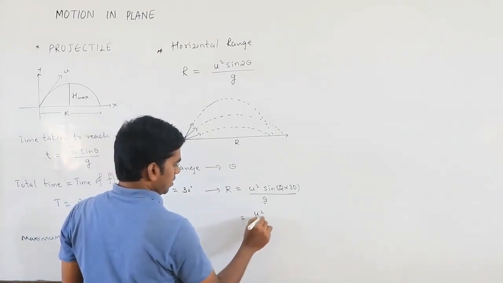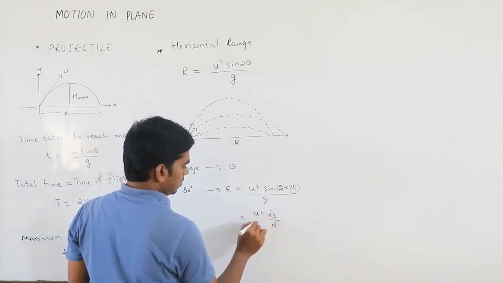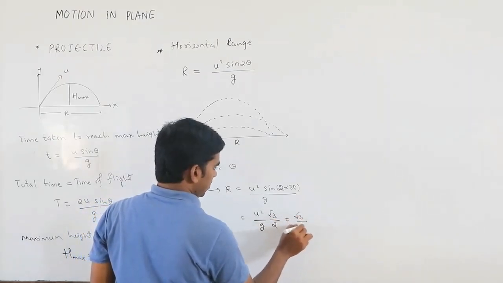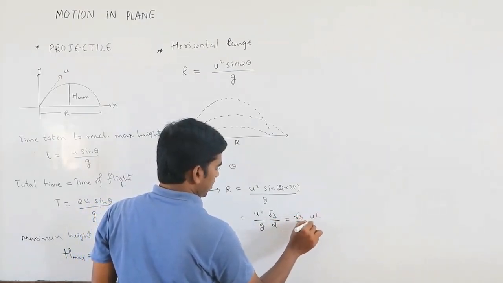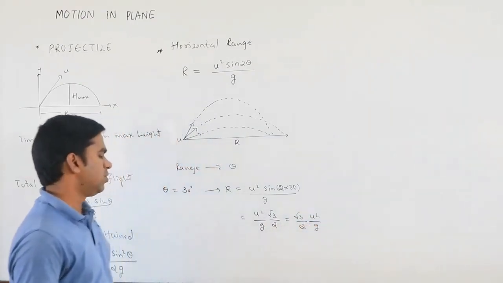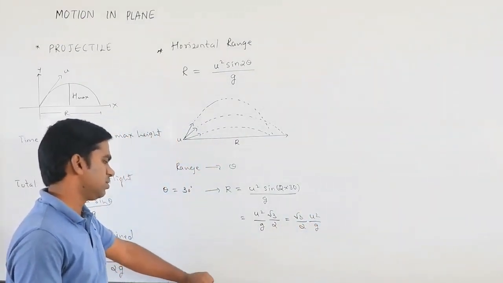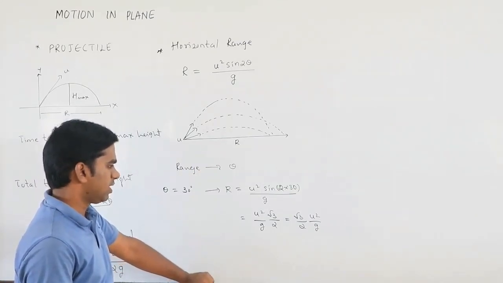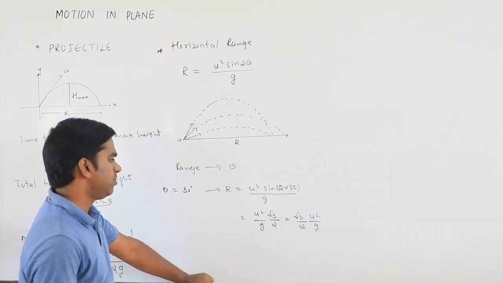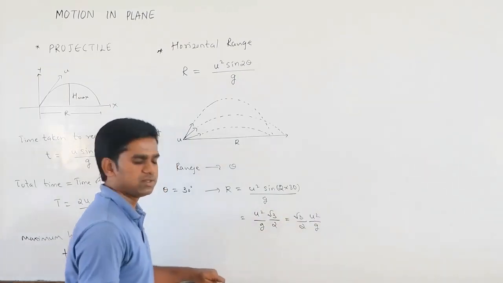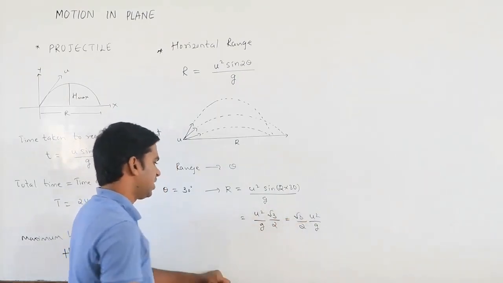So it is root 3 by 2 u square divided by g. Root 3 you can take approximately 1.3 or 1.414, divided by 2, so it will be a small quantity. This will be less than 1.